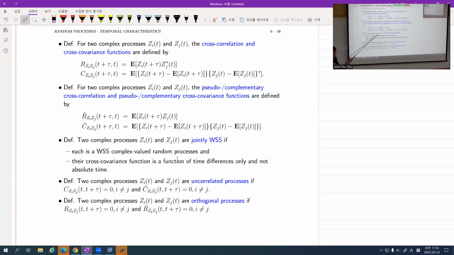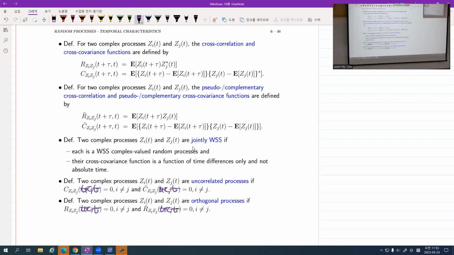Each one is wide-sense stationary, and the cross correlation function is a function of time difference. If they are uncorrelated processes, what does that mean? The cross covariance function vanishes for all pairs of t1 and t2. Here, it seems that I'm not consistent in writing down the t plus tau part, but anyway, I will correct it. It doesn't matter because anyway, it's 0.